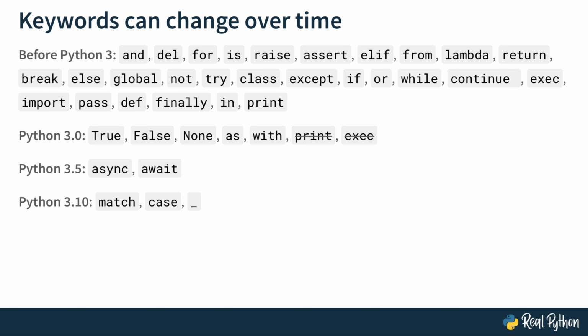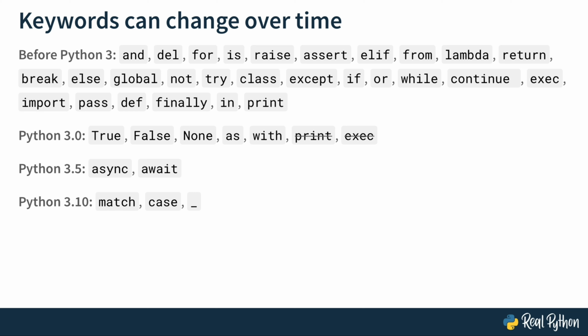The reason why you're now having soft keywords as well is because keywords in general can change over time. So before Python 3, there were already a bunch of keywords. And with Python 3.0, there were a few changes introduced. So maybe if you have programmed with Python 2.7, for example, you remember that if you upgrade to Python 3, you had to change your print statements into print functions.